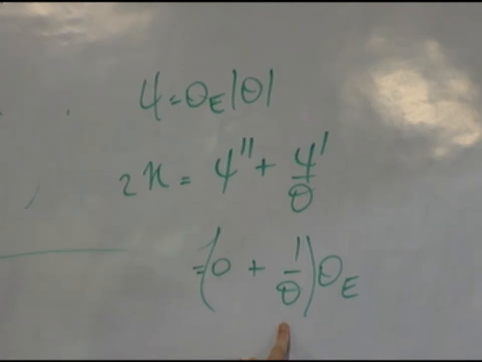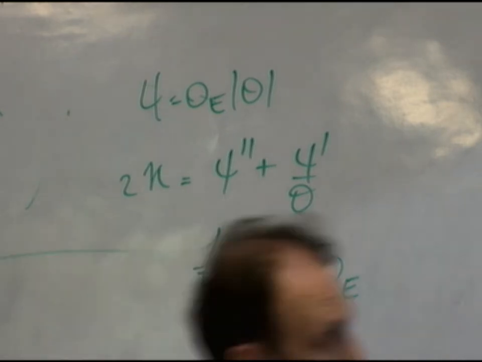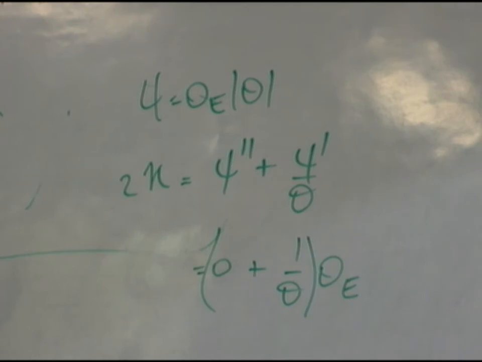So part B is the same as part A. So once you've solved A, you've also solved B. The same thing. Singular isothermal sphere has a surface density that goes like 1 over r.